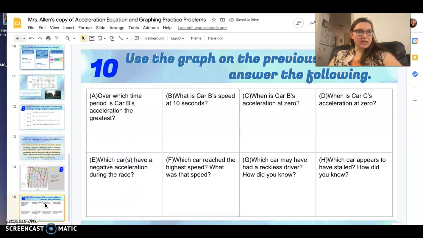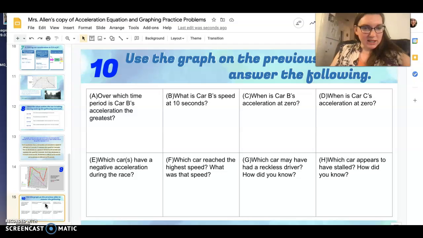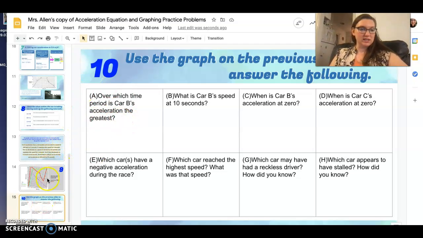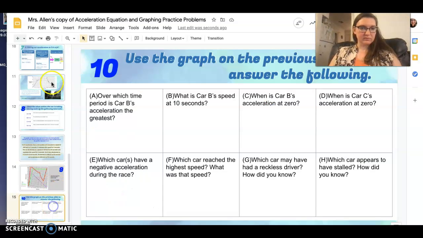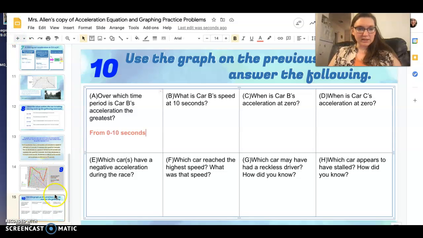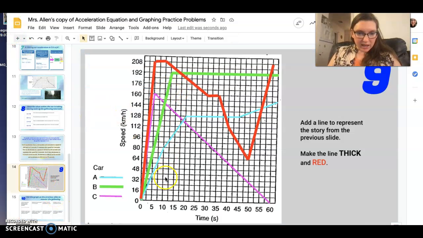Now we have some questions to answer about that. Over which time period is car B's acceleration the greatest? Car B is green, so from 0 to 10 seconds. What is car B's speed at 10 seconds? At 10 seconds, the speed is 192 kilometers per hour.